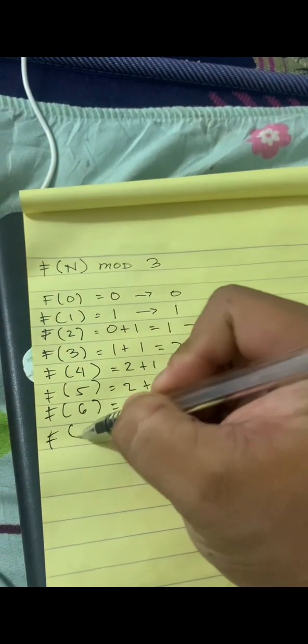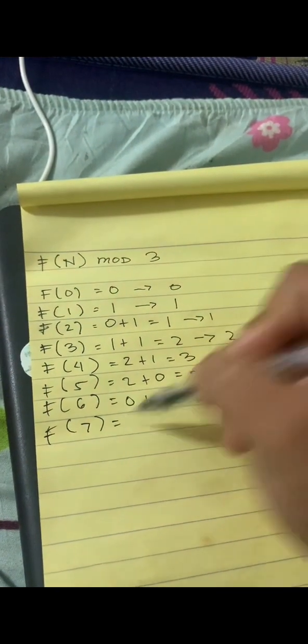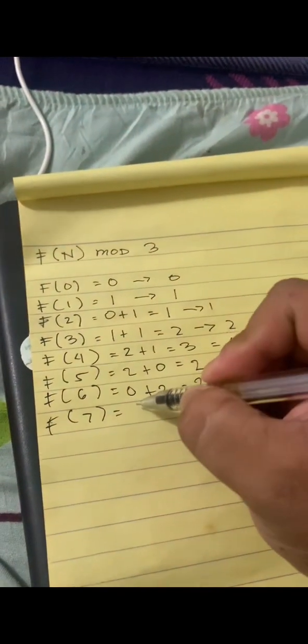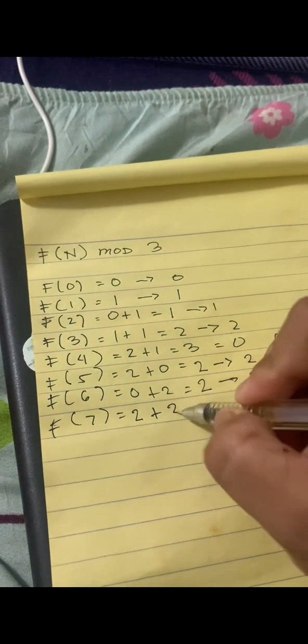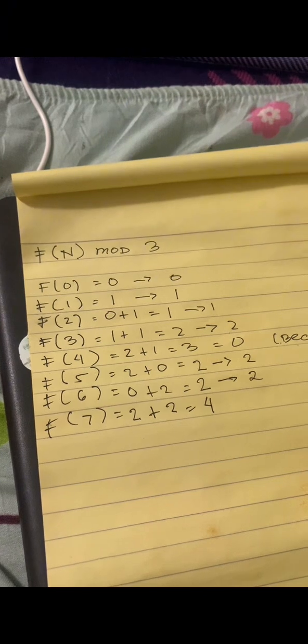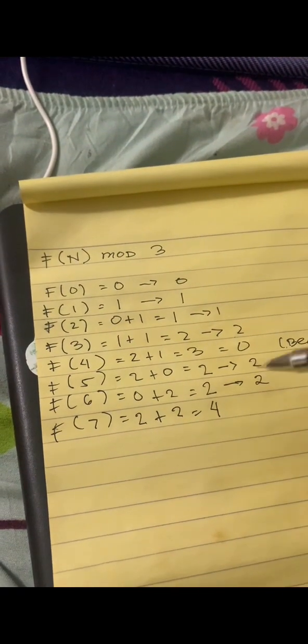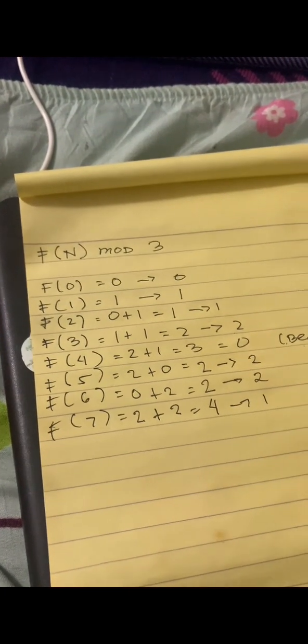And then again, F sub 7 is equal to the last two digits, which is 2 plus 2, equal to 4. And if we divide by 3, because our modulo is 3, it gives us 1 remainder 1. So our remainder here is 1.